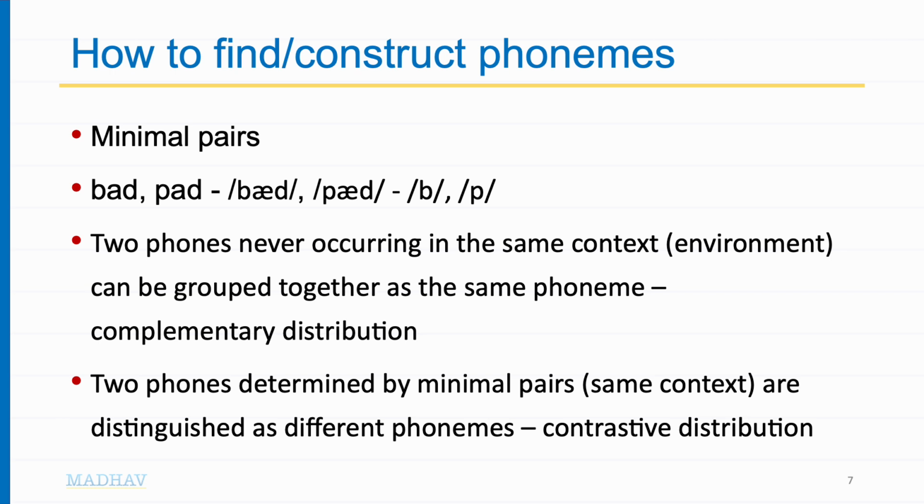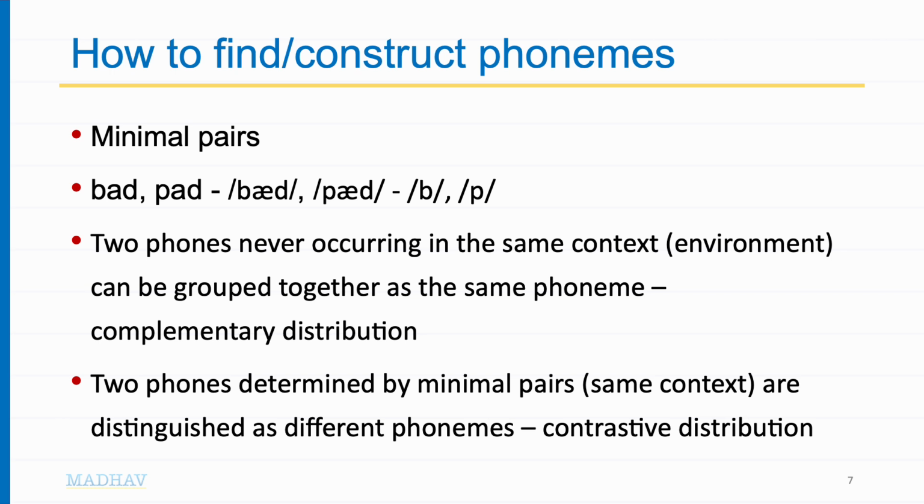Yes or no? Yes. Therefore, b and p are phonemes. That's why the phonemes are written with slanting slashes. You encapsulate them in slashes, not with square brackets, but with slashes. Phones are with brackets, phonemes are with slashes. All right. So b and p are phonemes.